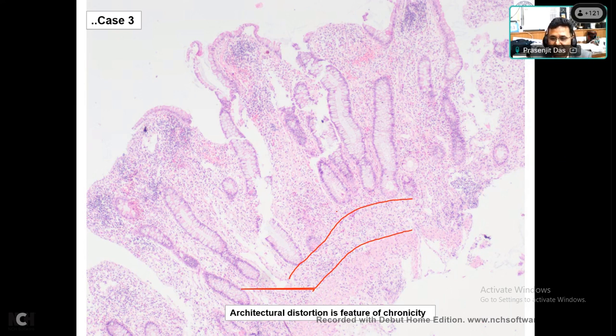Then we can apply that formula if we see basal plasmacytosis in our colonic biopsies. So that is an important clue for the morphologist to identify if it is IBD type of colitis or not. But always please remember that some amount of basal plasmacytosis can always be physiologically seen in the ileocecal junction.